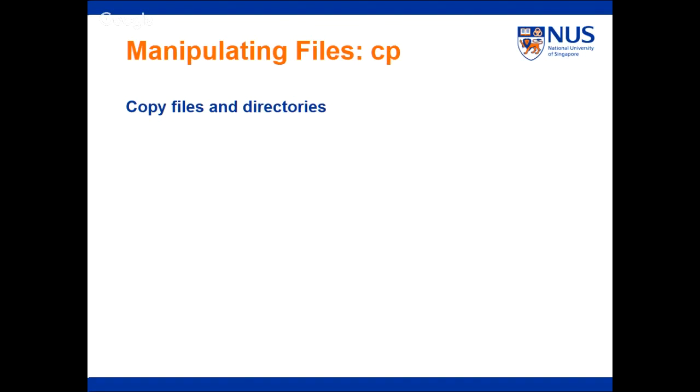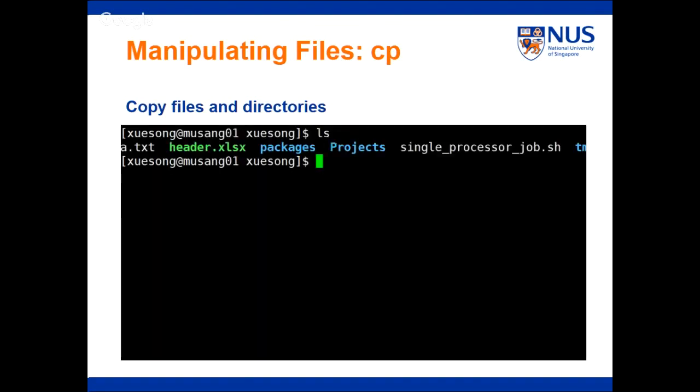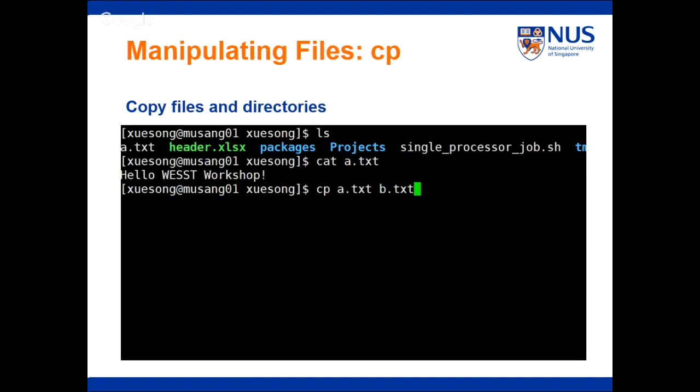Okay, I will continue to introduce this second set of commands, which manipulate the files. So the first one is cp. You might want to copy files to different places. So cp does this. For example, I have this a.txt file in the current directory. It has this hello WESST workshop inside.